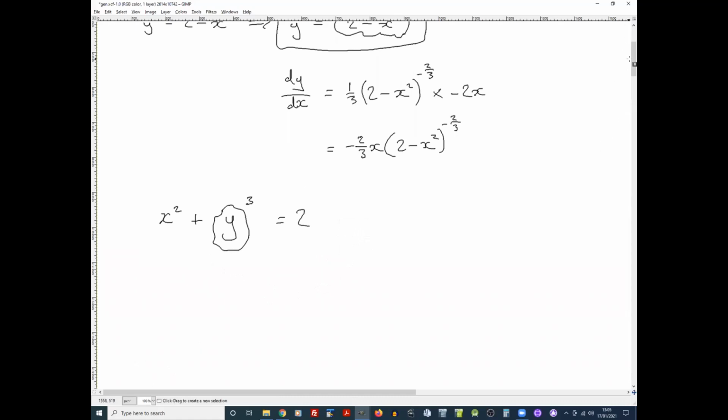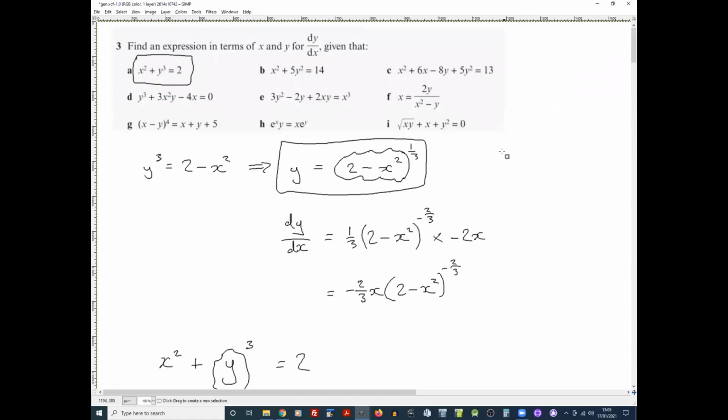After all, if y equals this stuff plus that stuff minus that stuff, you would just say dy/dx equals the derivative of that plus the derivative of that minus the derivative of that, wouldn't you?